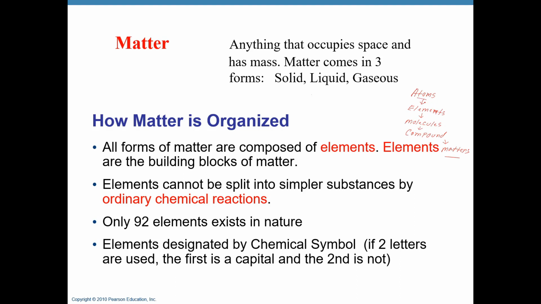Okay, and elements are the kinds of atoms that we can have. Until today, only 92 different types of elements have been isolated or found in nature.